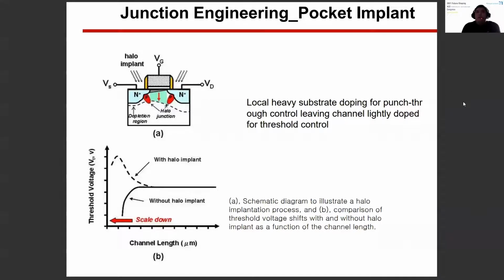Another way to deal with the punch-through effect is putting a halo junction, an area heavily doped with the same doping kind as the body, just below the drain and source. This is because the depletion region is blocked in the halo junction, so the depletion regions are less likely to overlap.